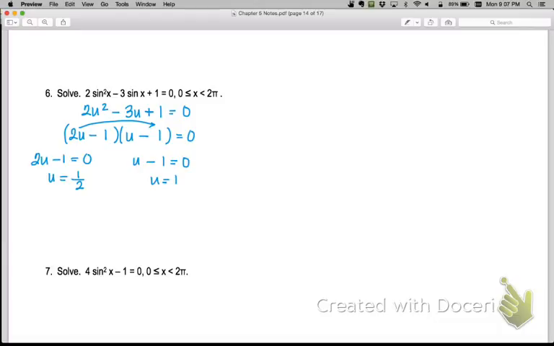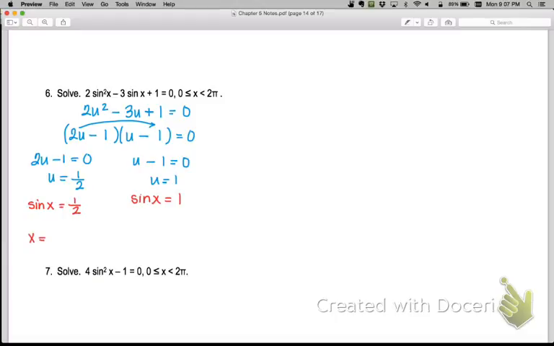Now remember that this time we were substituting for the sine of x, so we're going to go ahead and plug in there. So I want to know, where does the sine of x equal 1/2, and where does the sine of x equal 1? Go ahead and look at your unit circles and see if you can come up with those values.